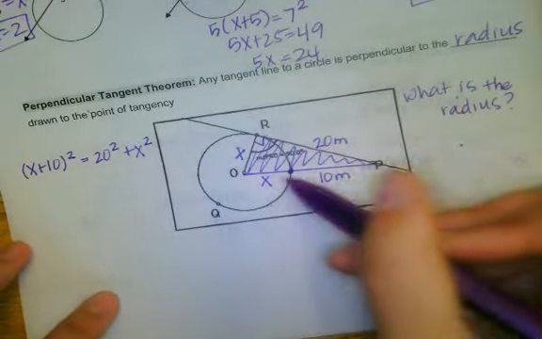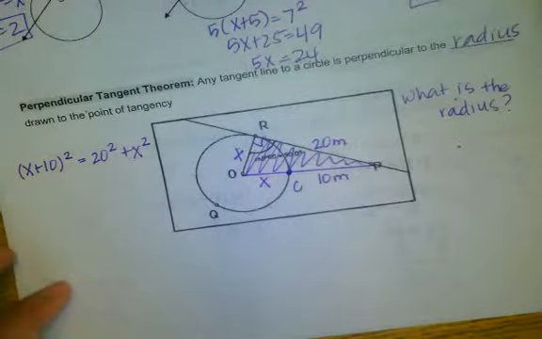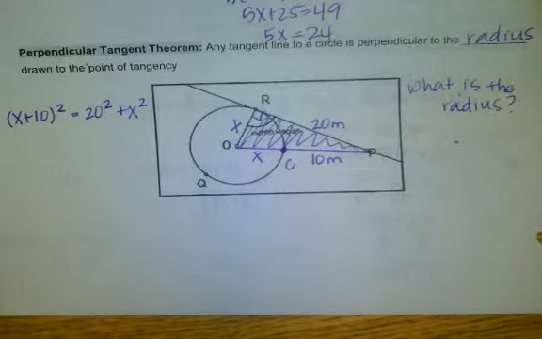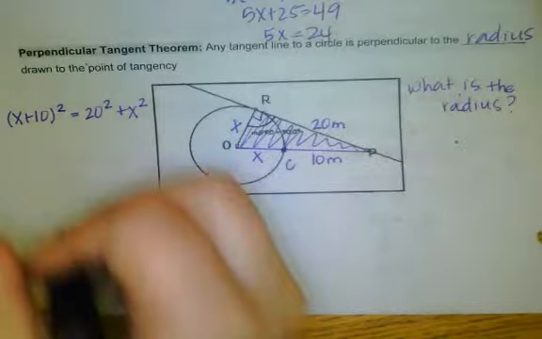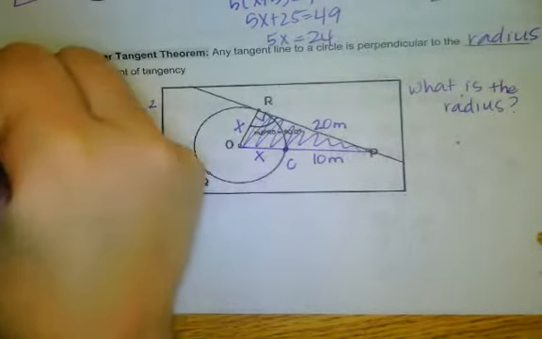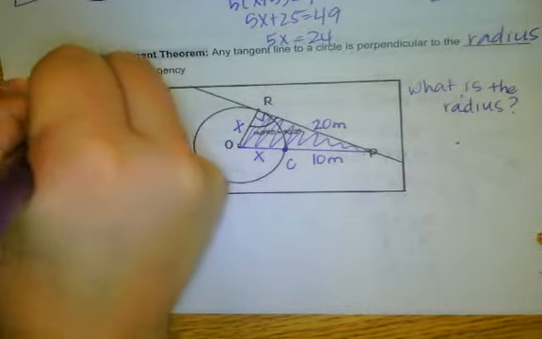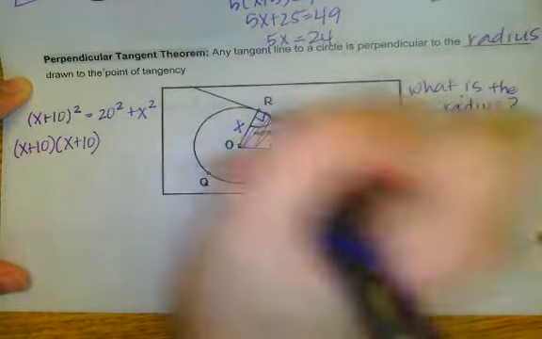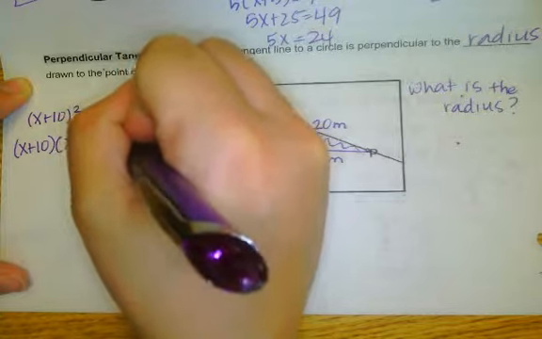Very important that when you do x plus 10 squared, it is not just x squared plus 100. X plus 10 squared is x plus 10 times x plus 10, equals 20 squared, which is what? 400 plus x squared.